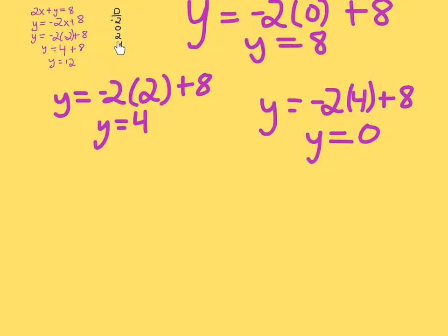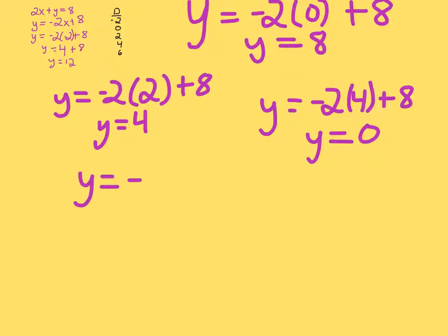Then I do the same thing for 2. Plug in 2 to this in a function form. Negative 2 times 2 is a negative 4 plus 8 is 4. Then I'm going to do it for the 4. Okay? Negative 2 times 4 is a negative 8 plus 8, and I get y equals 0. And then the last one that I have to do is I have to plug in 6.